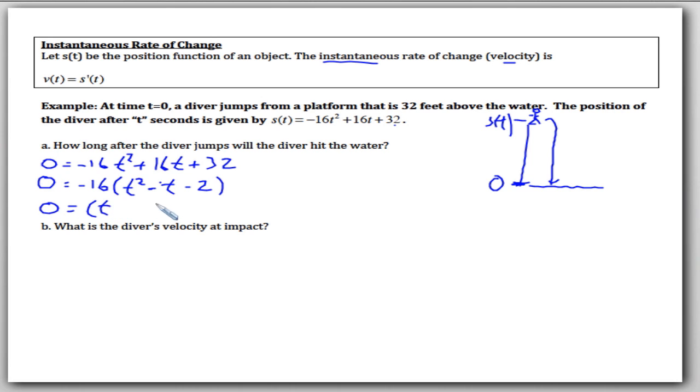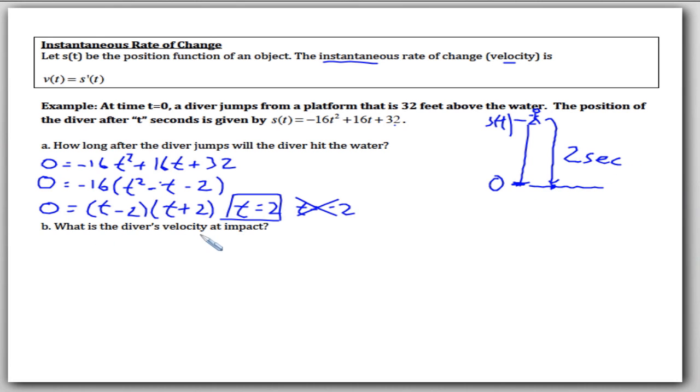Now we want to factor t squared minus t minus 2. So we have t minus 2, t plus 1. And this would give me the solutions t equals 2 or t equals negative 1. And we don't deal in negative time, so at time equals 2, it takes him 2 seconds to get down to the bottom.